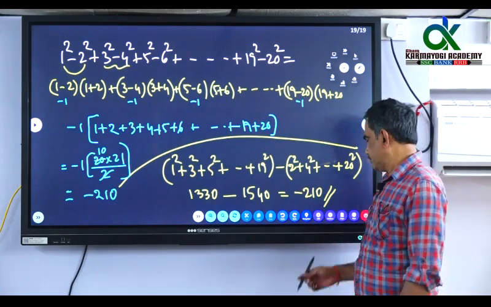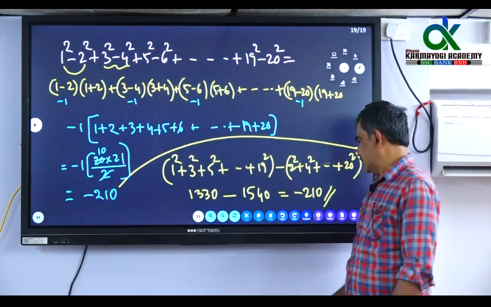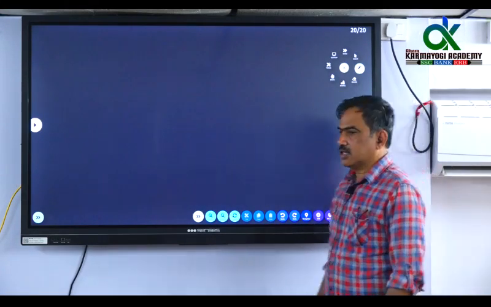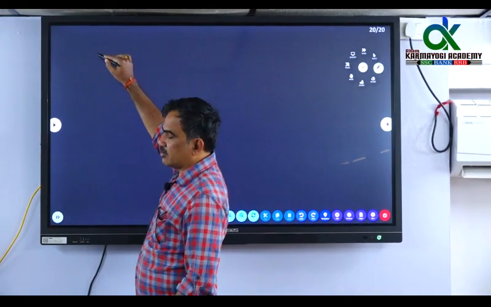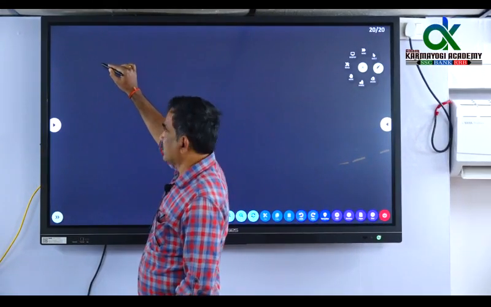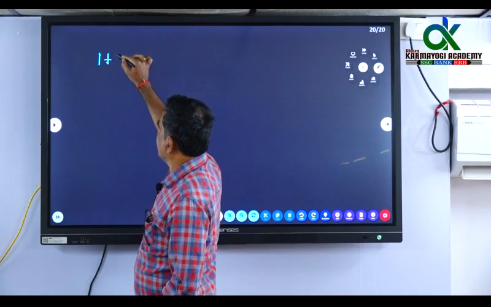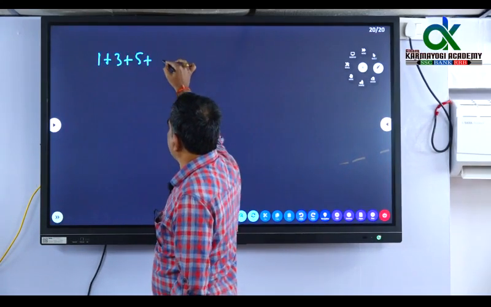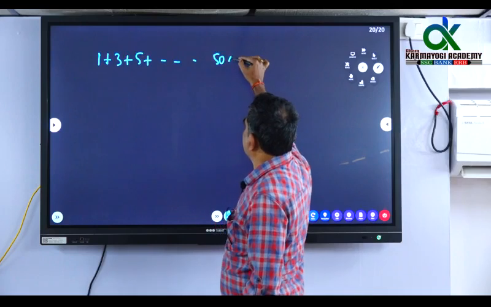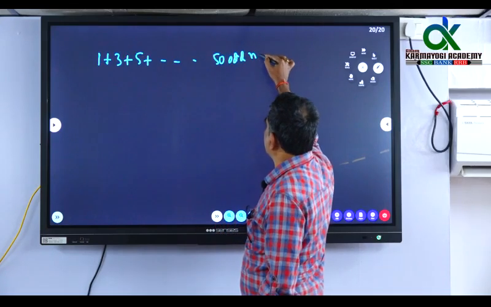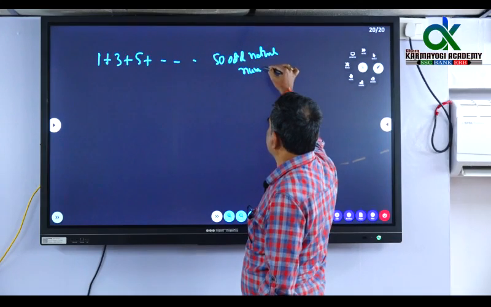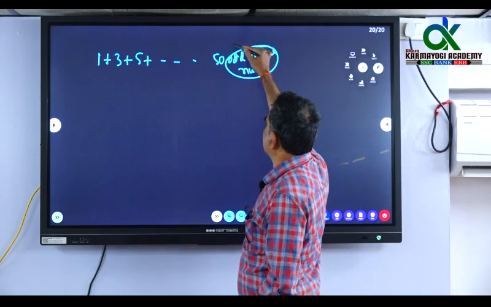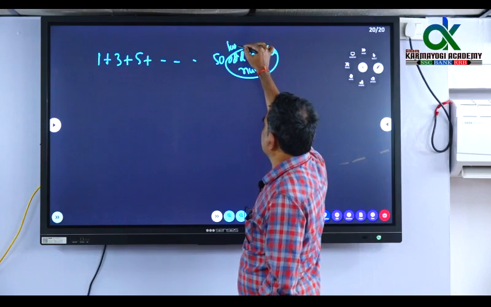Next, write the question. Find the sum of the first 50 odd natural numbers. Write it as 50 terms.